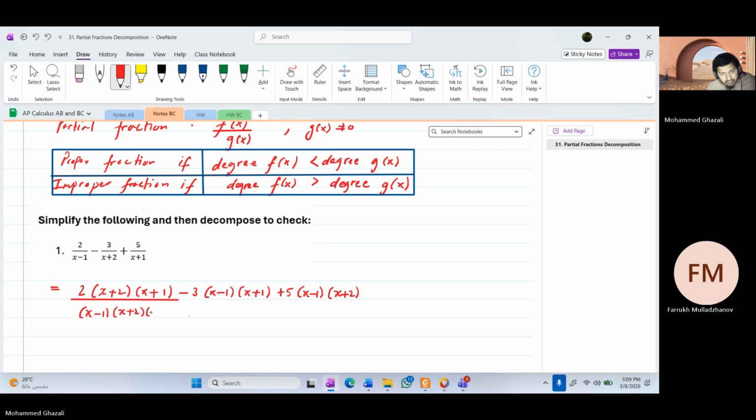Now, can you see that they are equivalent? See, x plus 2, x plus 2, x plus 1, x plus 1, all that cancels out. You're getting 2 over x minus 1. So it's basically equivalent to the first. Okay, Farooq? Okay. And then the next one is similar. So you have x plus 2 into x minus 1, x plus 1.